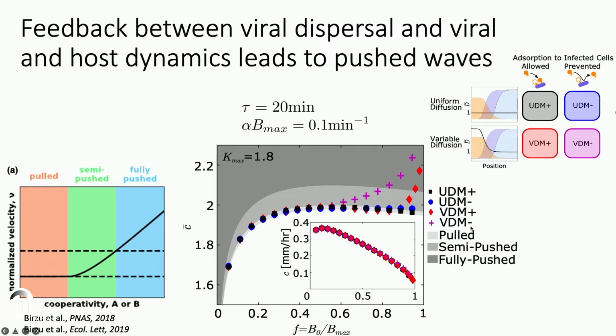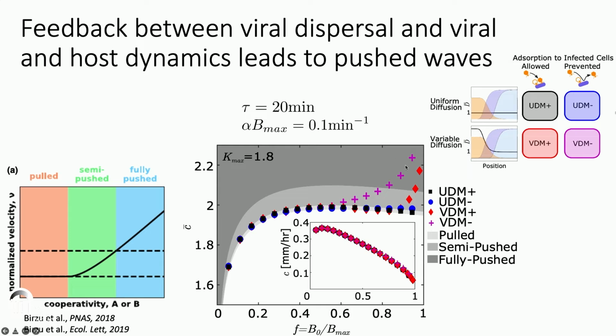And what he found for the different models is that when the diffusion is constant, the wave is always pulled, so there's not much interesting that happens. However, when you start introducing this density-dependent dispersal and you go to a very high bacterial density, then you do enter a pushed regime, which is what you see in these lines that enter the dark gray region over here.